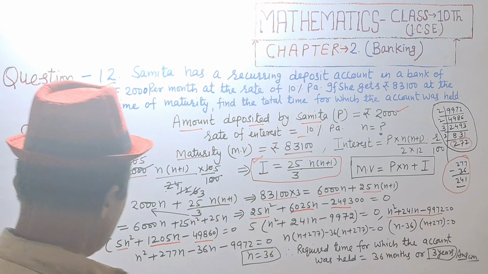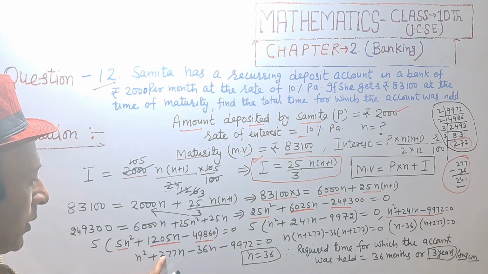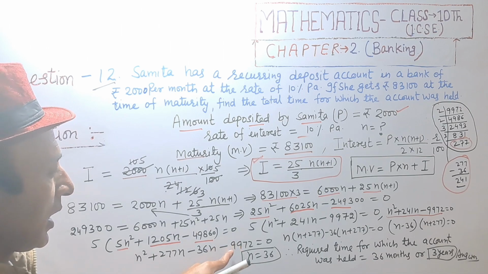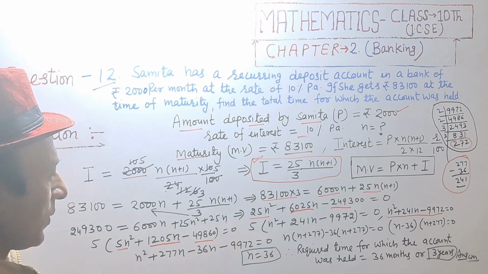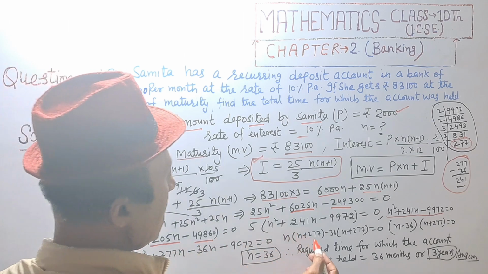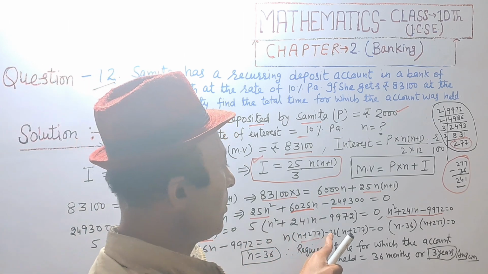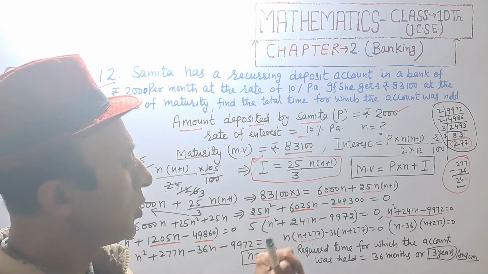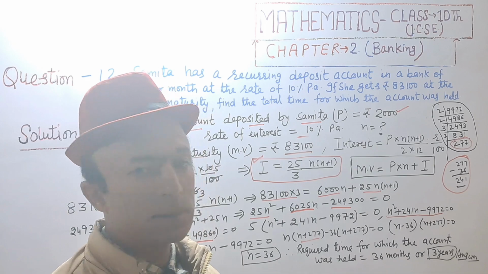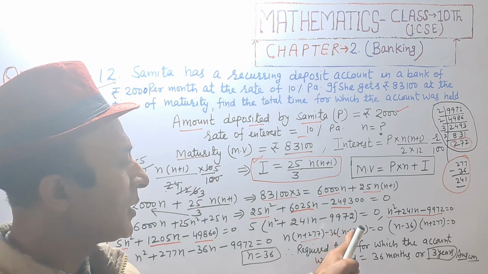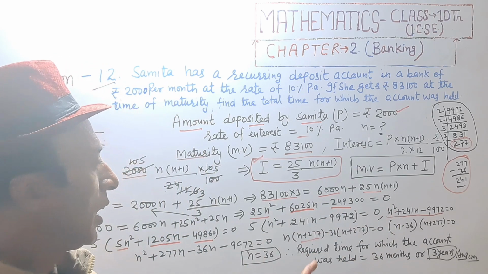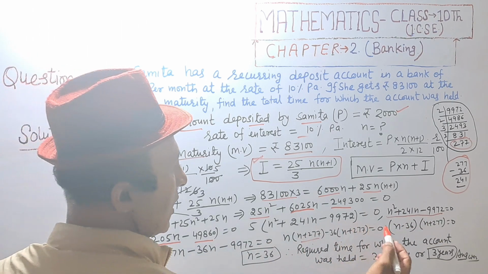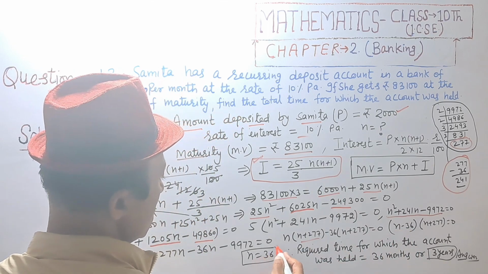We are splitting: n square plus 277n minus 36n minus 9972 equal to 0, and taking common n, in bracket n plus 277 minus 36 taking common, in bracket n plus 277 equal to 0, n minus 36 equal to 0. n plus 277 equal to 0 gives a negative value, so it is rejected, and we take n minus 36 equal to 0.